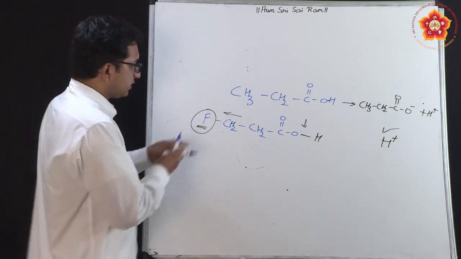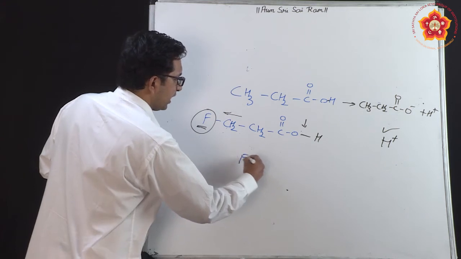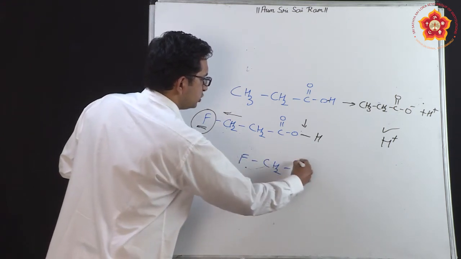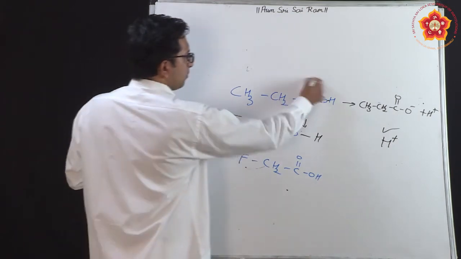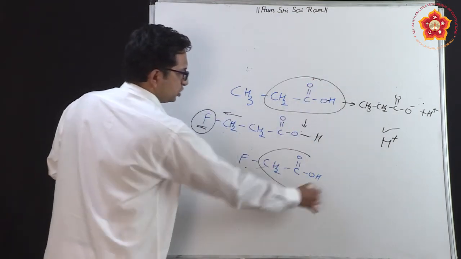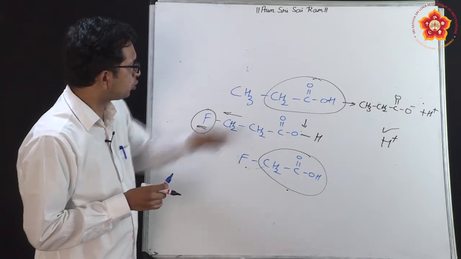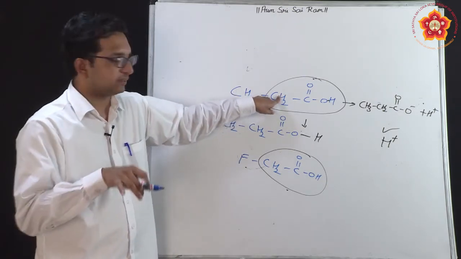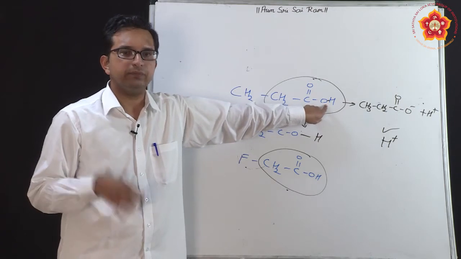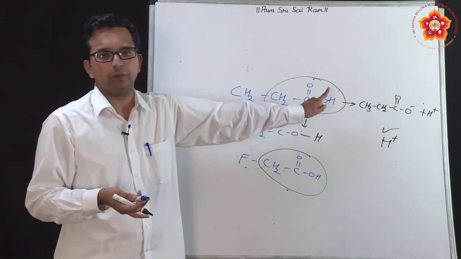So, in this case, let me take another example, FCH2COOH. If this part is my main part of discussion, what I can say here is that to this group there is an electron donating group, which increases the electron density, thus making it difficult to break the bond.